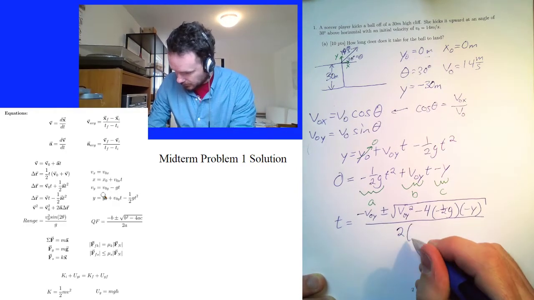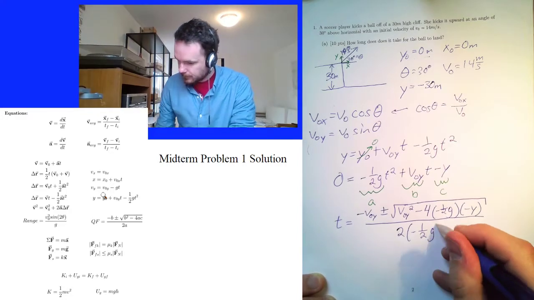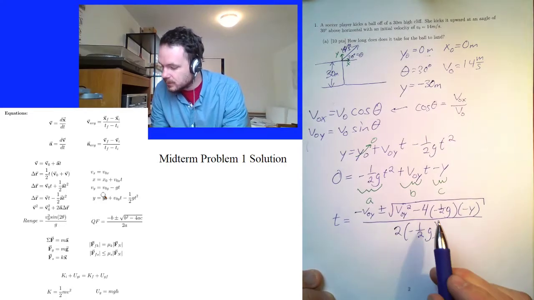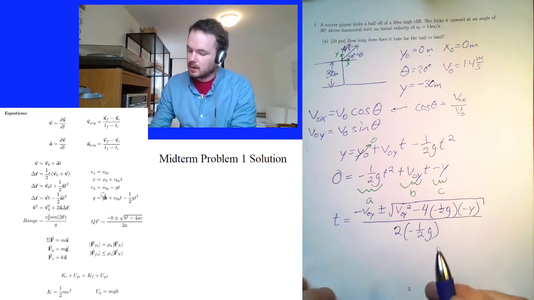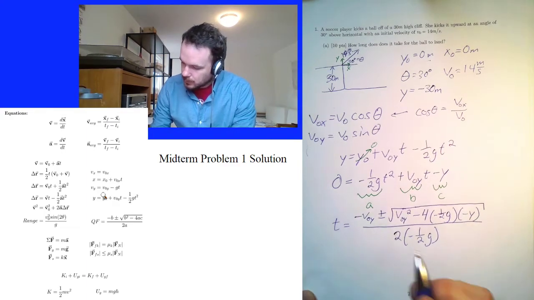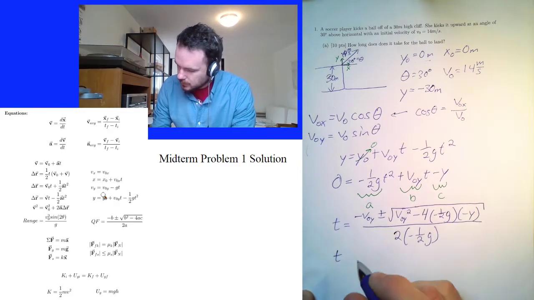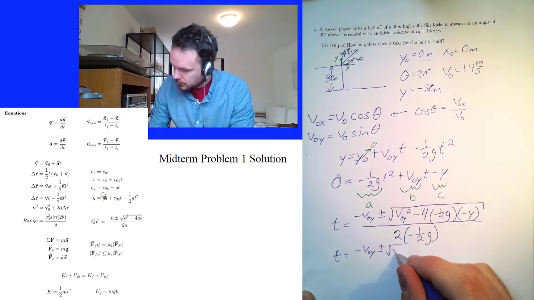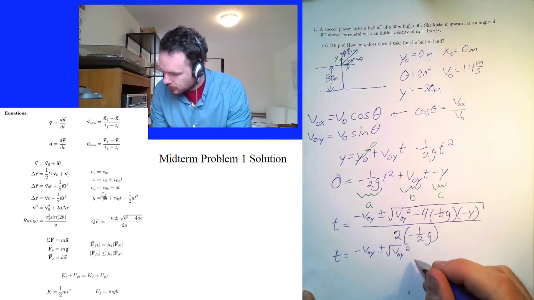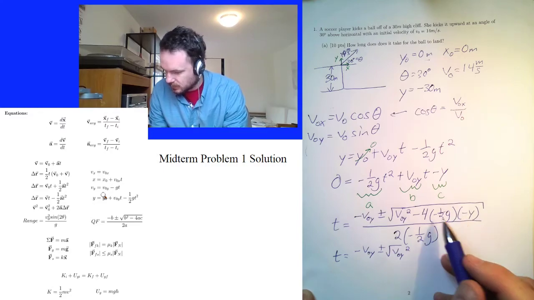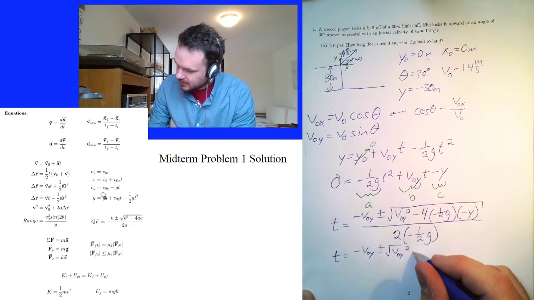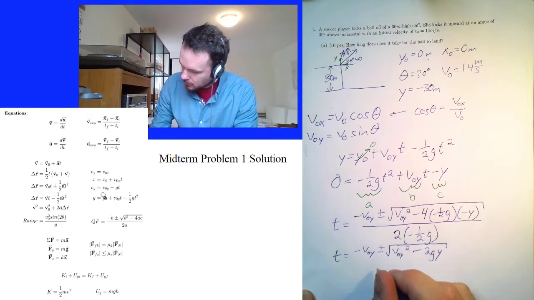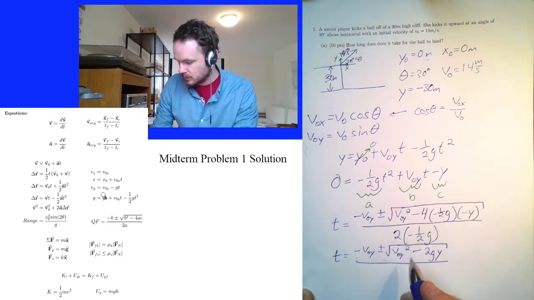So 2 times negative 1/2 g. All right, great. So now I can do a little simplification, right? I have these 2's and 1/2s and the 4 and 1/2. So now let's rewrite that. t equals minus v0y plus or minus square root of v0y squared. So minus minus minus turns into a minus, right? Three minuses. Negative 2gy over 2 times negative 1/2 is just 1, so it's negative g.